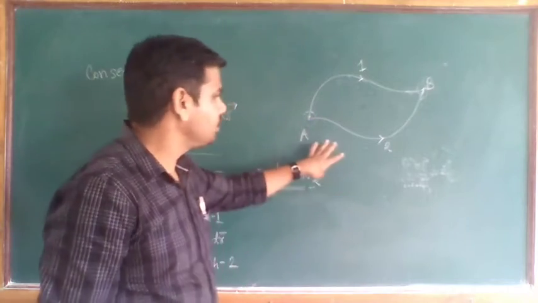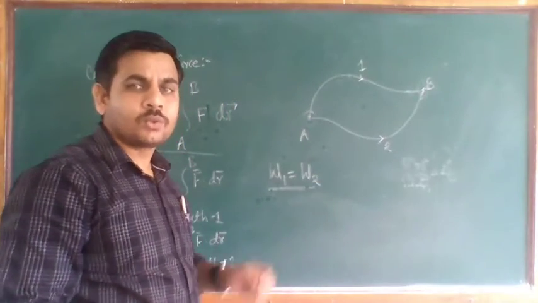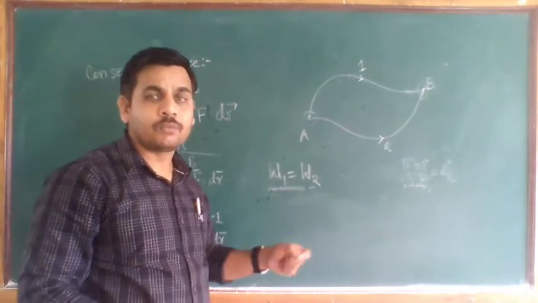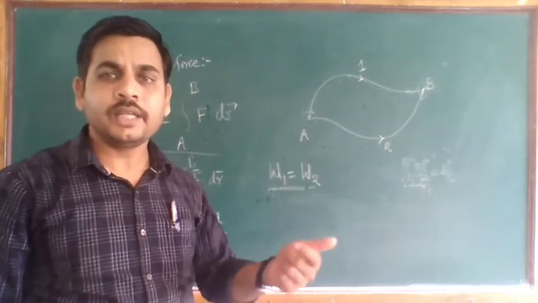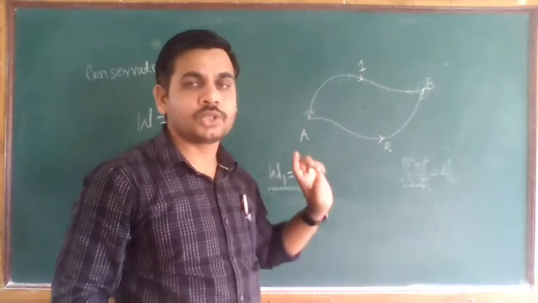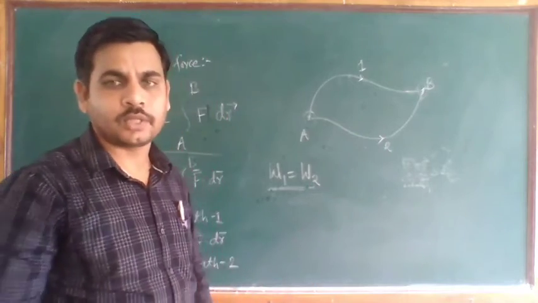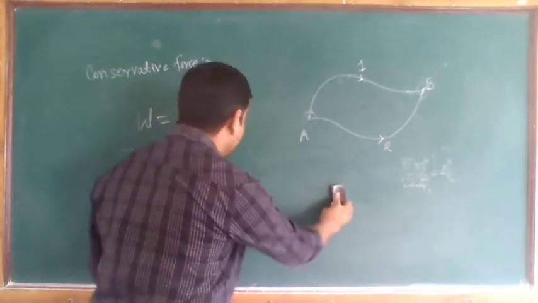So it is a simple definition which only mentions that this work done depends only on the end positions, not on the path. Okay, so here we are considering again.